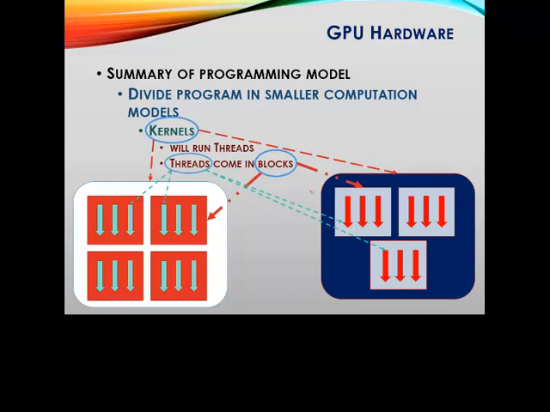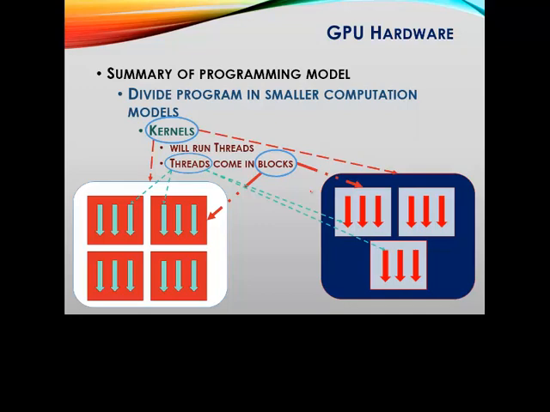But it's a unit of operation, or sets of mathematical operations, that when we invoke it, we can tell our GPU how many of these units of operations we want to run in parallel, and how we want these units of operations to be run in relation with each other.